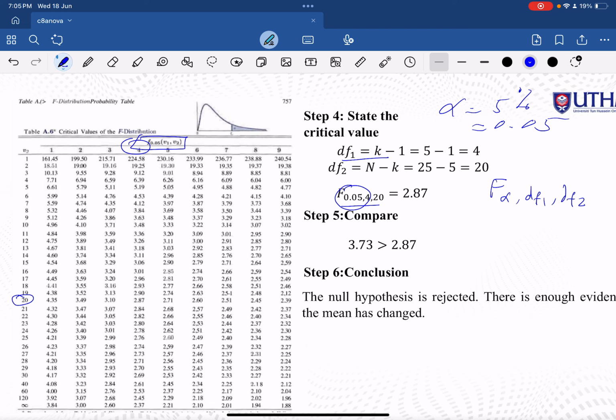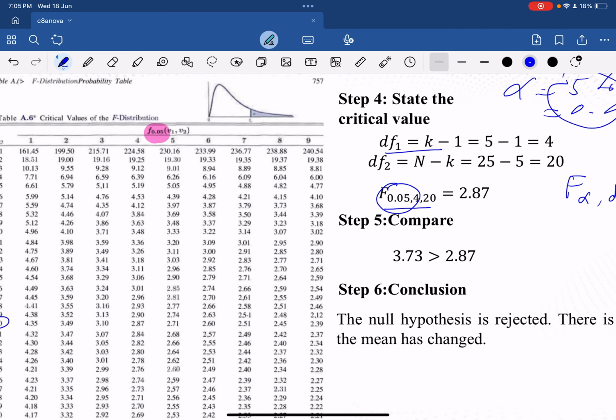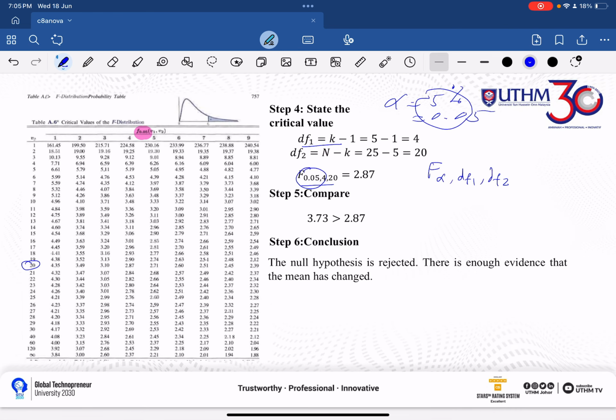If you look into a statistical book later during the exam, there are a lot of F tables. You need to look into the F table with the alpha you want. There is another table for a different alpha, so please take a look at the correct F table with the correct alpha. Here we use 0.05, so we need to look into the 0.05 F table.